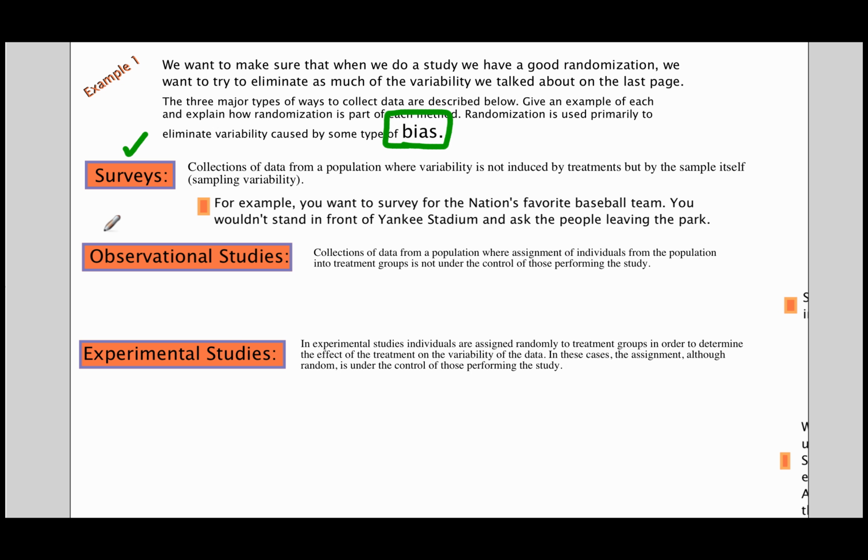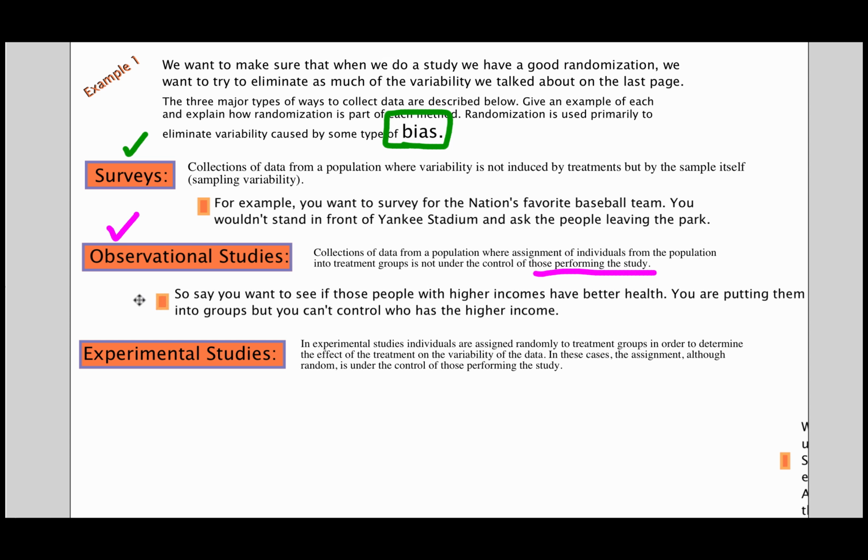Observational studies. Sometimes we're going to collect data by just observing. So we collect data from a population where assignment of individuals from the population into treatment groups is not under the control of those performing the study. What does that mean? It means this. Say we want to see if people with higher income have better health.